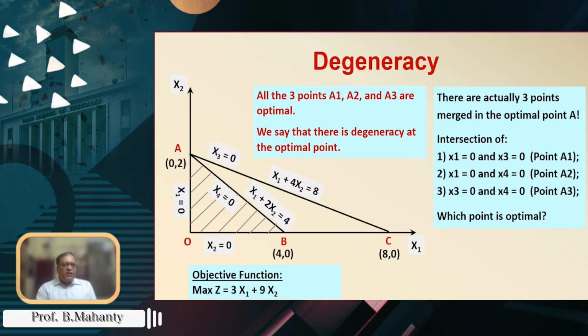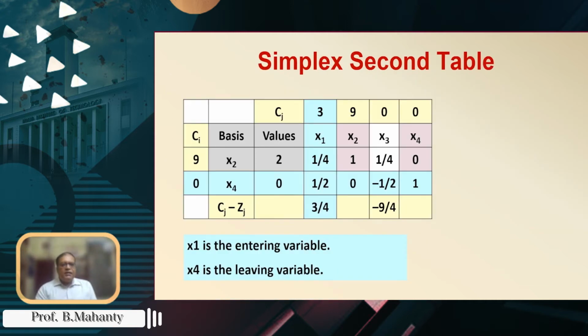That is, x1 is put equal to 0 and x3 equal to 0. So A1 is where we are. Right? Currently, we are at point A1 because x1 and x3 are non-basic variables and their values are 0. All right, although the optimal point has already been reached. So we know that there is degeneracy.